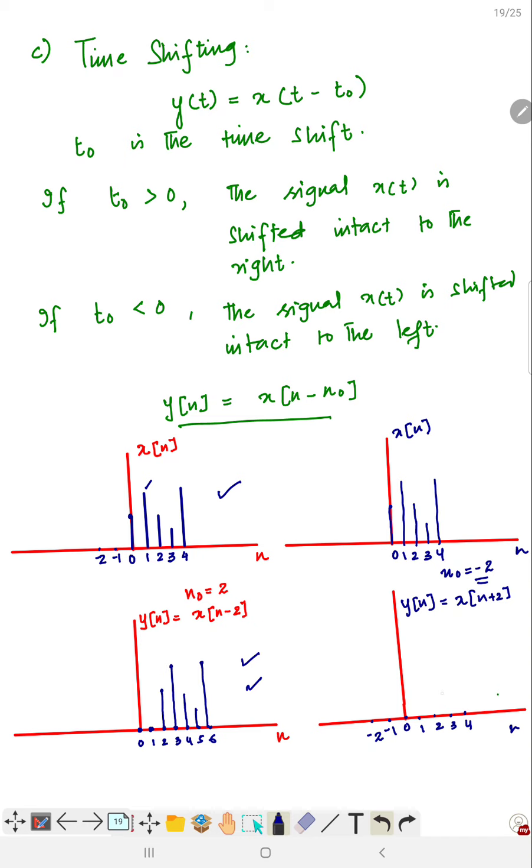So the sample at 4 will appear at 2. The sample at 3 will appear at 1. The value at 2 will appear at 0. The value at 1 will appear at minus 1. So 2 appears here, just a second.